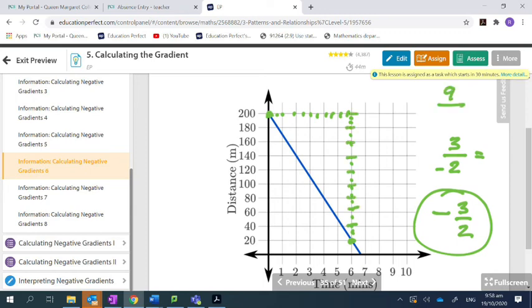Up 9. Then to the left, 1, 2, 3, 4, 5, 6 units. This is negative 6. Positive divided by negative is negative. 9 won't divide by 6, but they'll both divide by 3. So that's going to give you negative 3 over 2. Do you see that it doesn't matter where you count from? It's always going to be the same value.